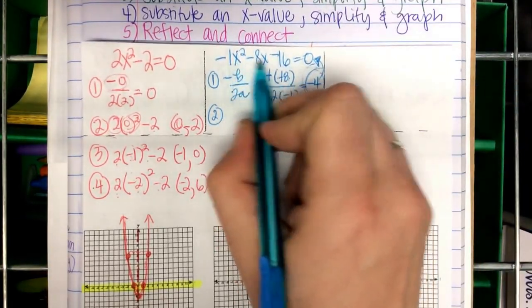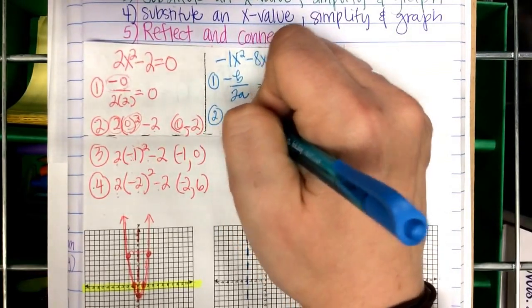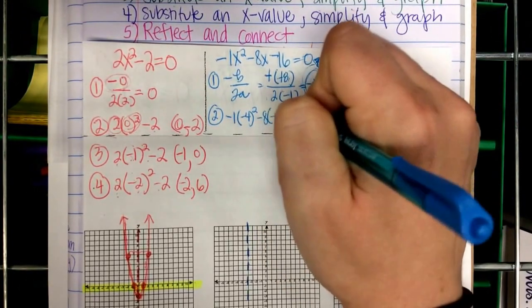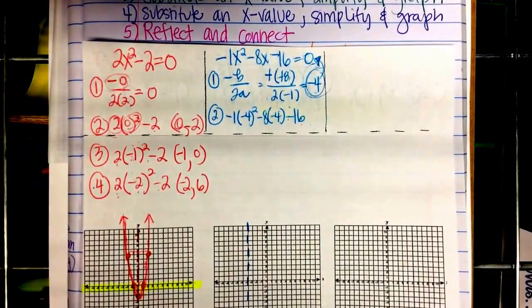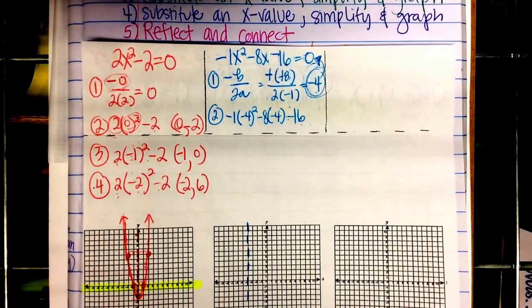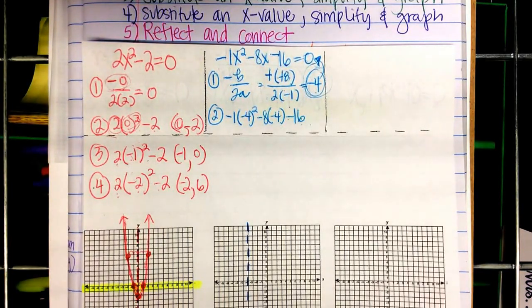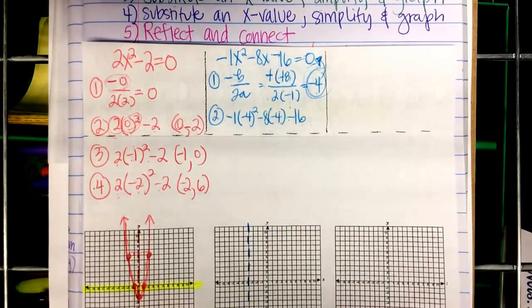So instead of x, I'm going to substitute negative 4. And again, we're using a negative number, so please substitute using parentheses. Negative 1 times negative 4 squared minus 8 times negative 4 minus 16.